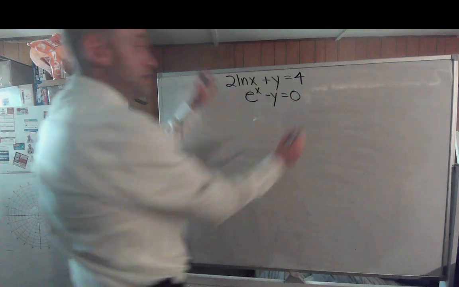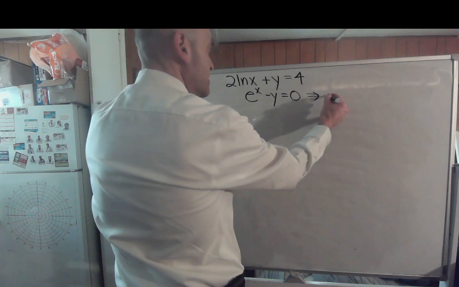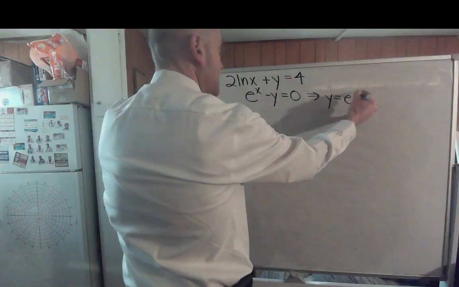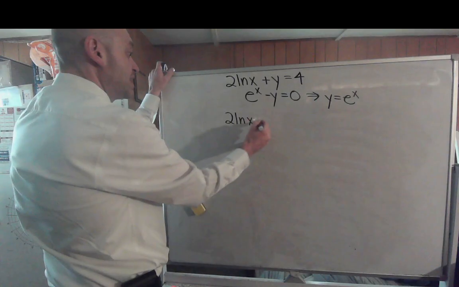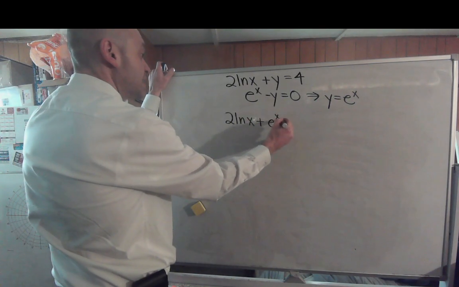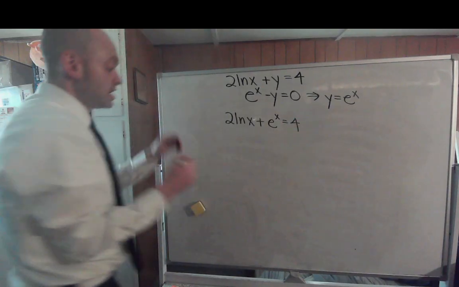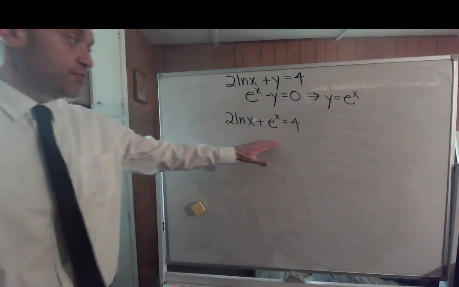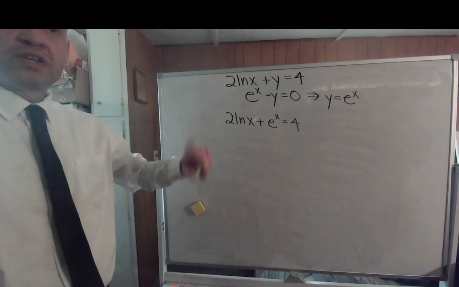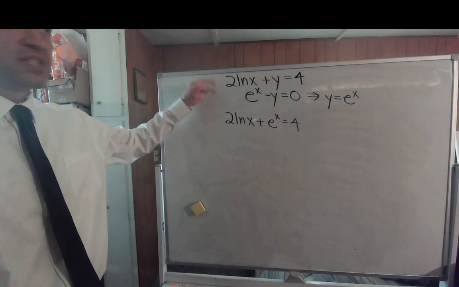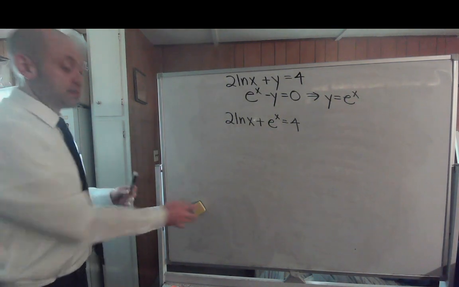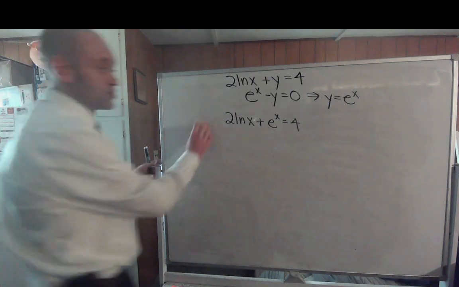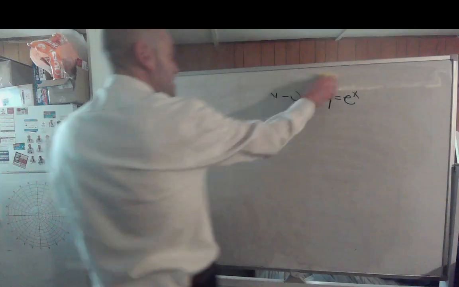Well, I think it's obvious we can use the second equation and set y equal to e to the x. So then you have 2 times the natural log of x plus e to the x would equal 4. Again, you have two inverse operations in the same equation. The only way you're going to be able to solve this system is graphically. That's your best bet. So sometimes it isn't simple algebraically. Sometimes you need to use graphing calculators and computers to solve it.